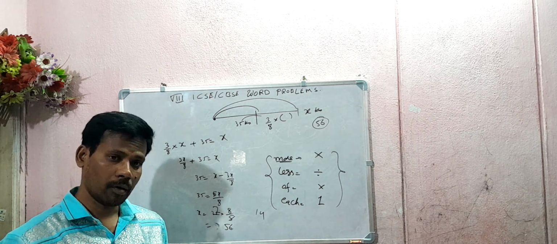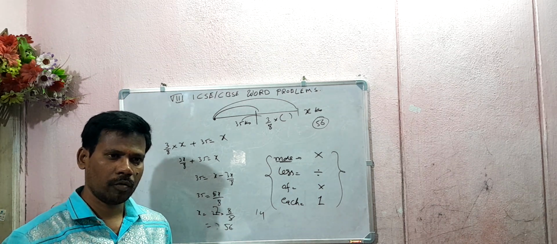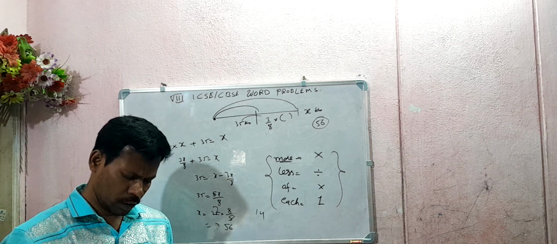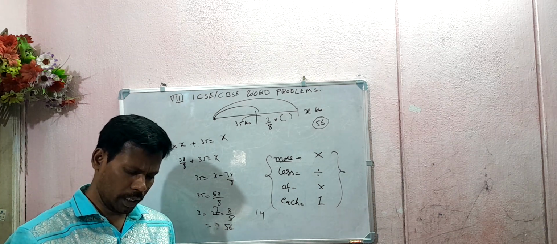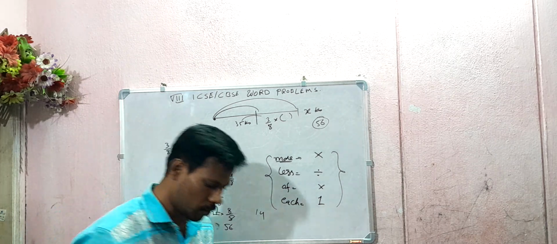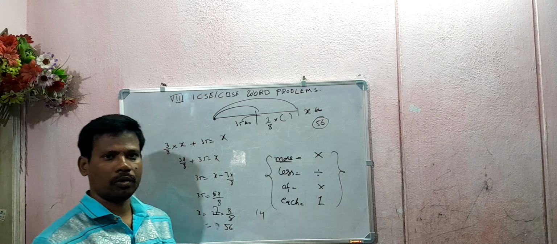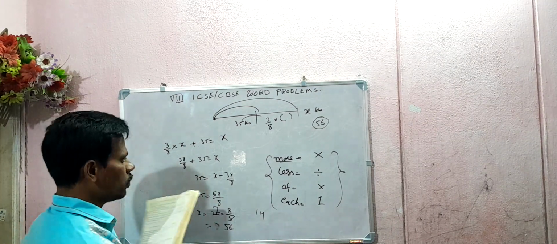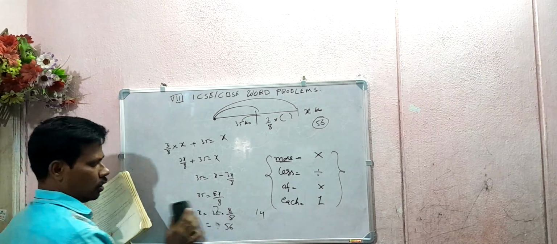So one more problem I will be doing in the next class; we will finish off this problem. A drum of water is 3 by 7 full. What is given? A drum of water. You know drum, you know water. Water is filled in the drum. Simple question.